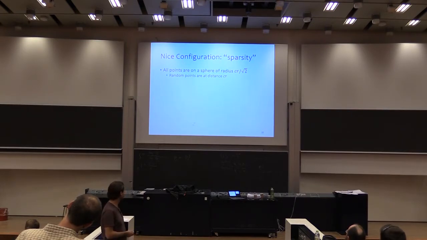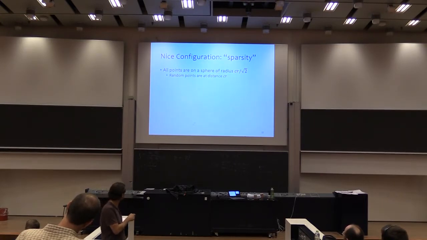We have a lot of far points, and we should require that the points are at distance roughly cr between themselves. So this is the far distance. So we have a lot of points at distance at least cr between each other. How tightly can we pack these points? Well, we can put them as tightly as possible on a sphere of radius roughly cr divided by root 2.